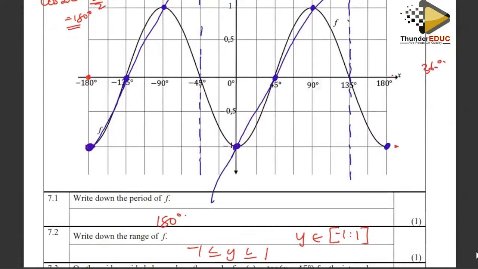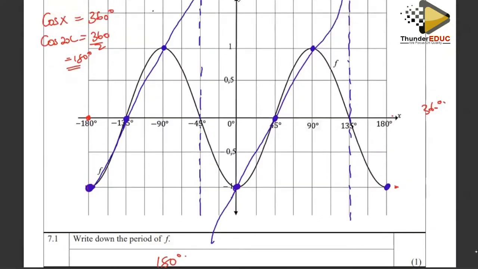And lastly, this one must just move in that direction, because if we were to have another point, let's say we use 45 now, 180 plus 45 gives us 225.